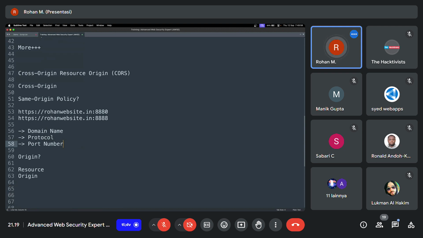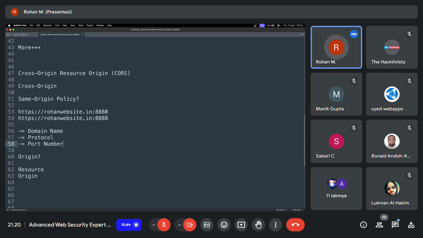But technically, on paper, theoretically, for the browsers, for any two domains to be considered the same origin, all three things, domain name, protocol, and port number, should be the same. Otherwise, same origin is violated. Please keep this in mind.